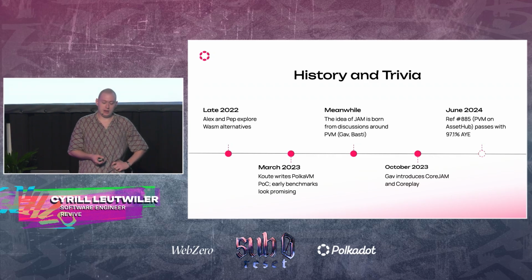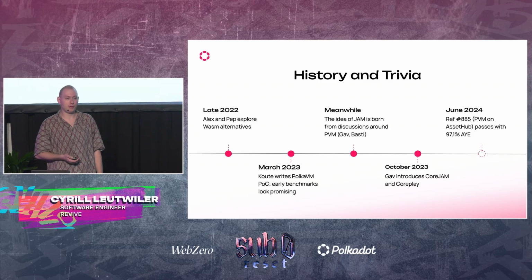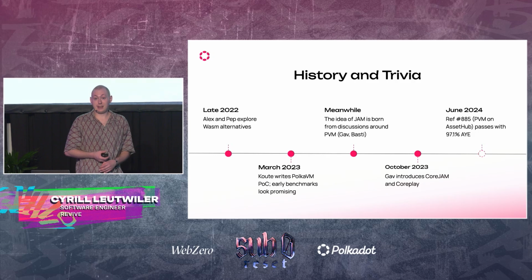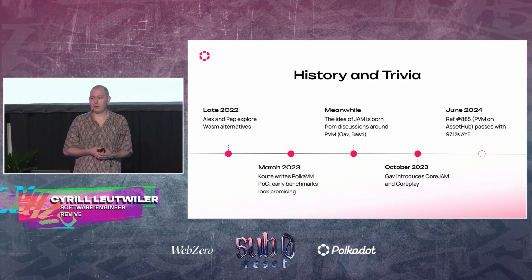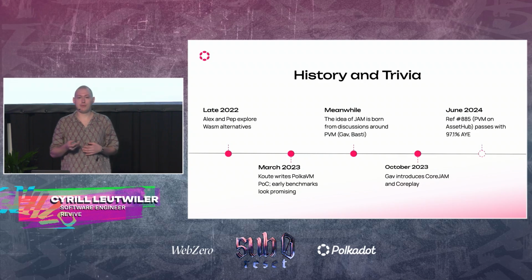And so in March 2023, Jan wrote the first PolkaVM proof of concept, which showed amazing benchmark numbers. We were quite blown away, and this was all completely unoptimized. And interestingly enough, out of this experimentation the idea of JAM was more or less born.